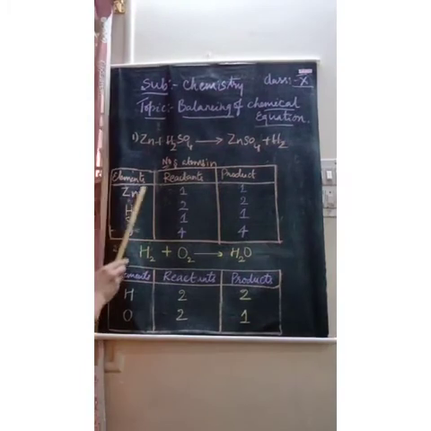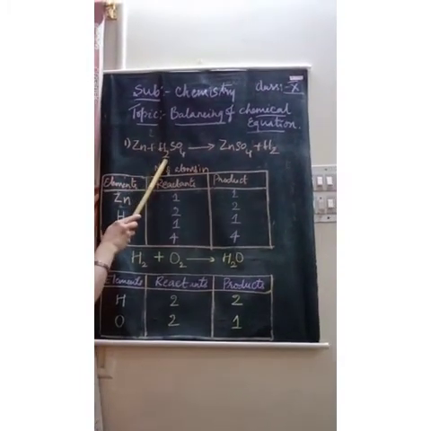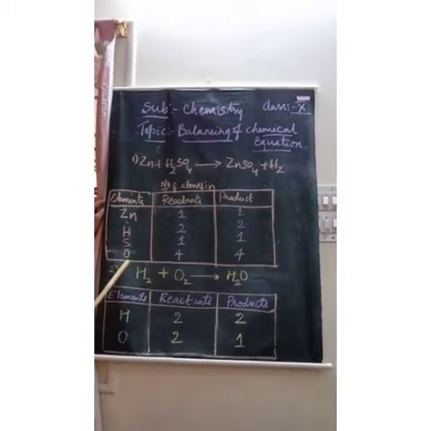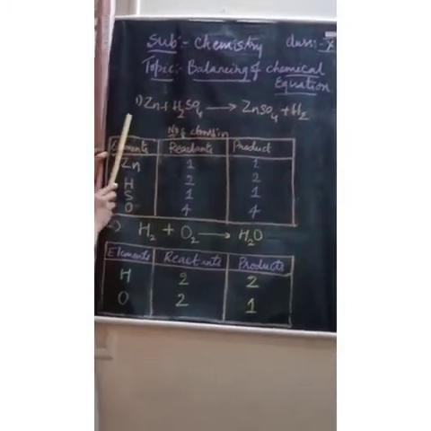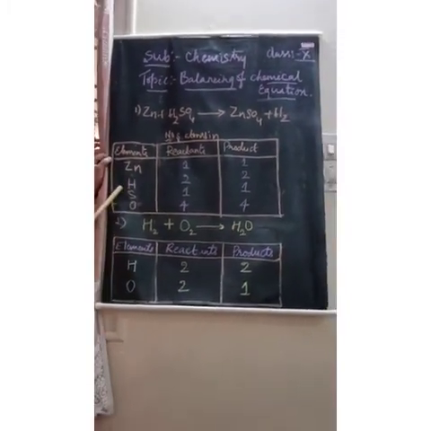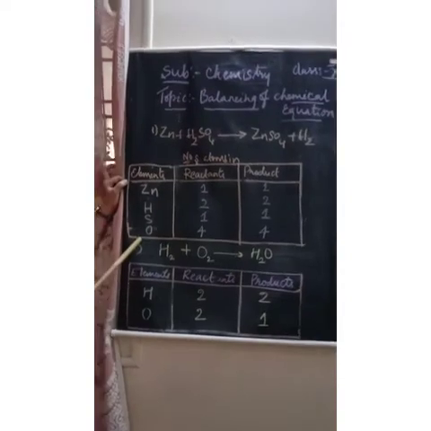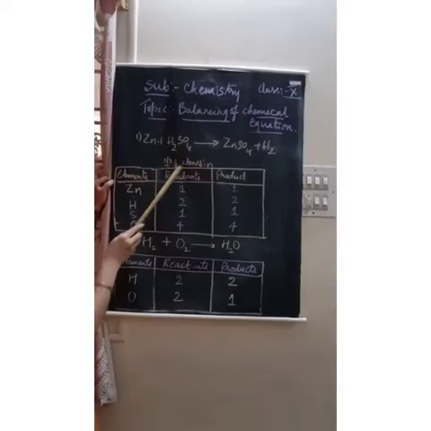So what are the elements given? Zinc, hydrogen, sulfur and oxygen. These are the elements present in the given equation. Once again, zinc, hydrogen, sulfur, oxygen. Next, the number of atoms in reactants.